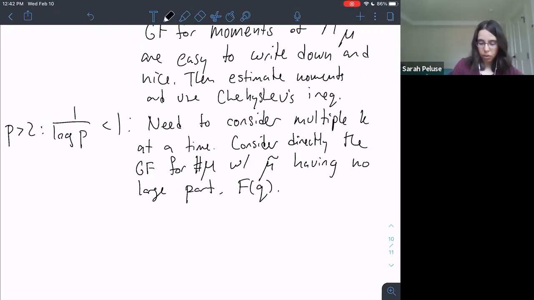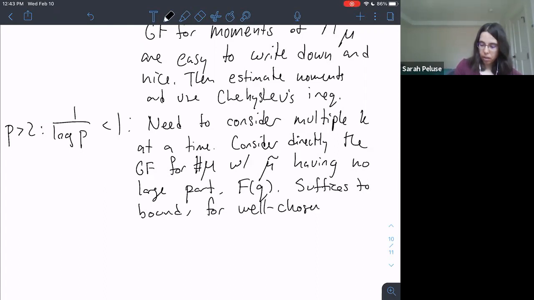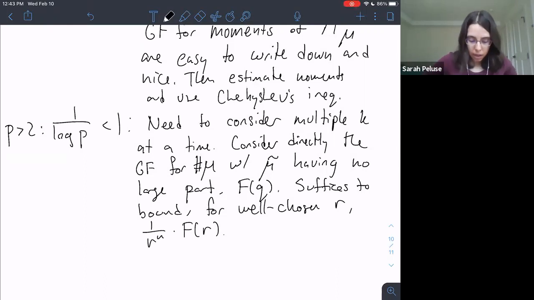Then you can upper bound the number of partitions that don't have a large part by, for some well-chosen real number R, 1 over R to the n times this generating function evaluated at R. We just do this, and it's not that bad. This shows that most mu have mu tilde having a large part.